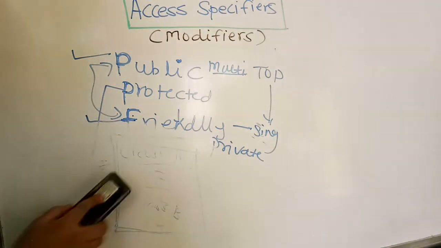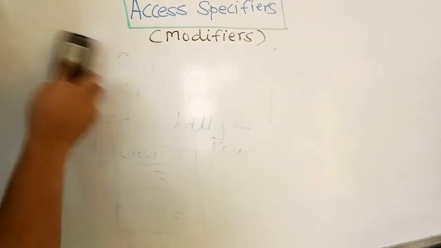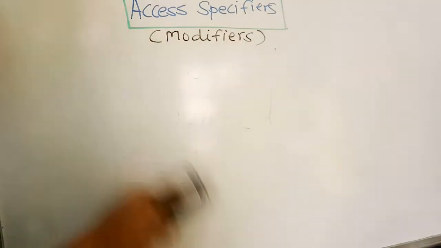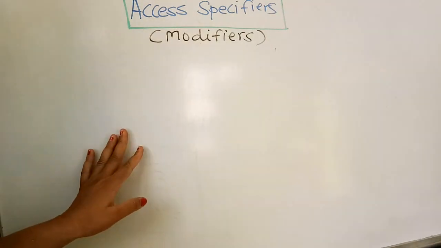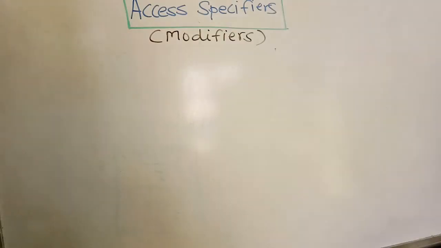Private members are visible only to that class or only to that function or methods. Private methods and variables cannot be seen by any class other than the one in which they are defined. It is only limited to that class, not even visible in the subclass of that class.